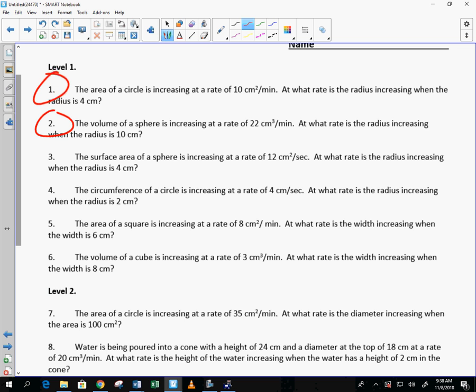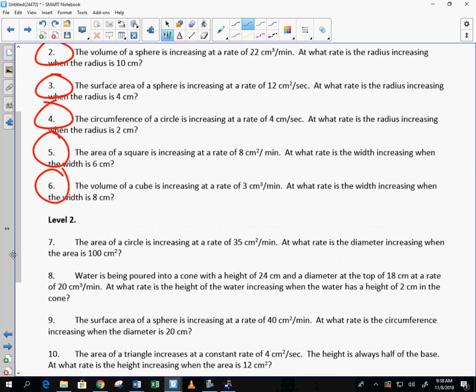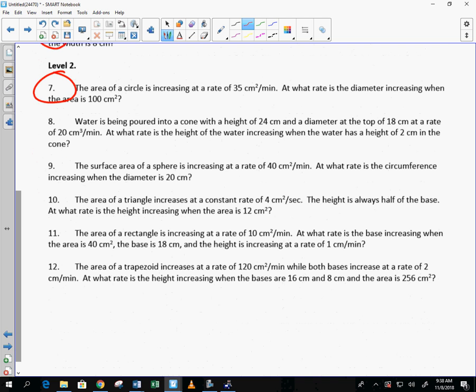I've got to see where we're at here. We've got 1, 2, 3, 4, 5, 6. Those are all ones that are good to do right now. I would do 7. Don't do 8 yet. I would do 9. I would do 10. I would do 11. I would do 12.